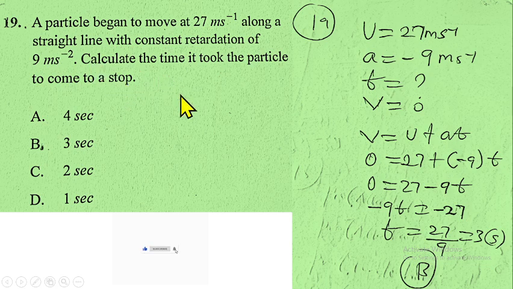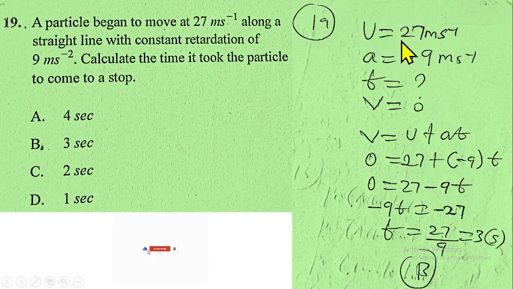Calculate the time it took the particle to come to a stop. Like I said, this question is from motion. We are given the initial velocity of the particle, and then we are given the deceleration, that is a negative acceleration of the particle. We have to find the time it took the particle to come to a stop.